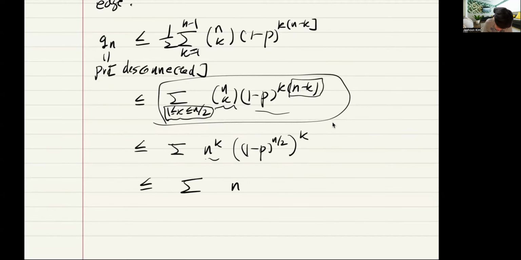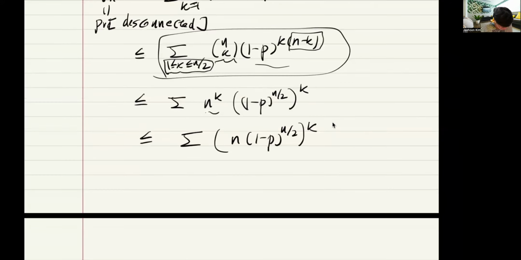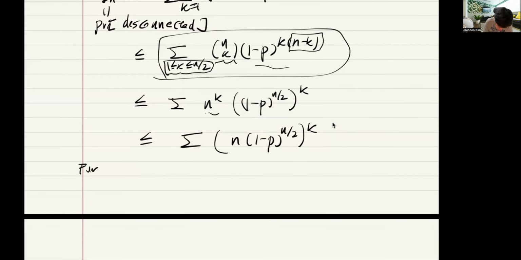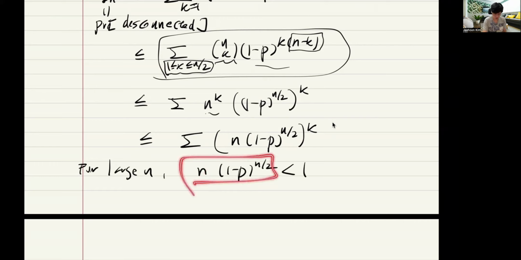So this is n times (1 minus p) to the n over 2, all to the k. Then, for large n, n times (1 minus p) to the n over 2 is smaller than 1. So this is a polynomial function and this is an exponential function, going to infinity and going to 0. So this is a very small number.